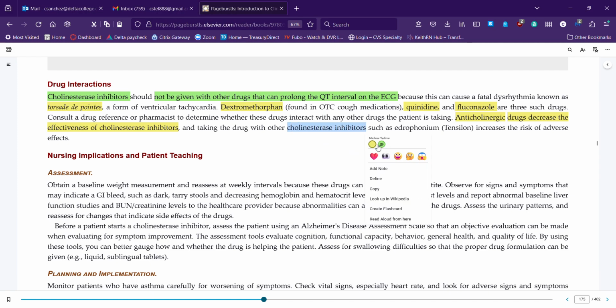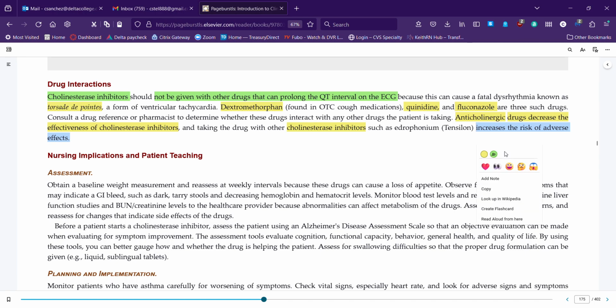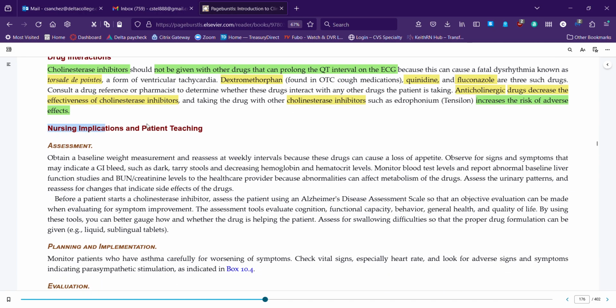So if you take it along with other cholinesterase inhibitors, then it's going to increase the risk of the effects, because if you take more than one, they both are going to have the same types of adverse effects. So if you take two, it's going to increase it times two.